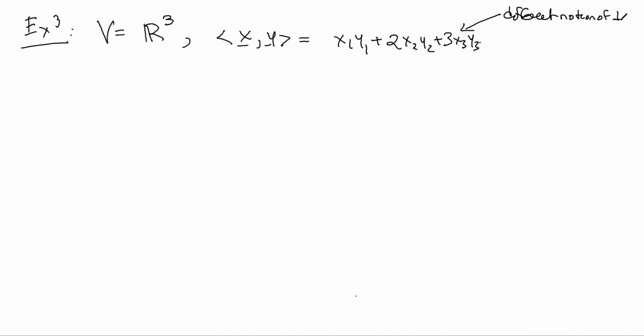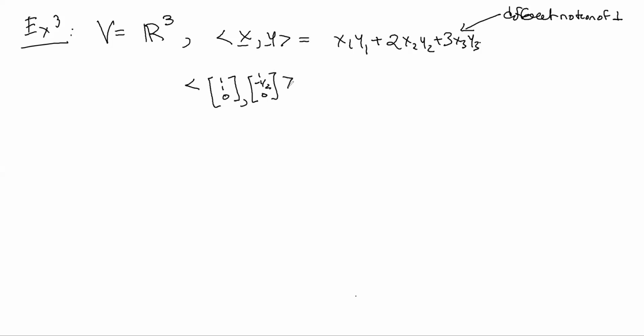For example, let's look at the vector 1, 1, 0 and the vector 1, minus half, 0.